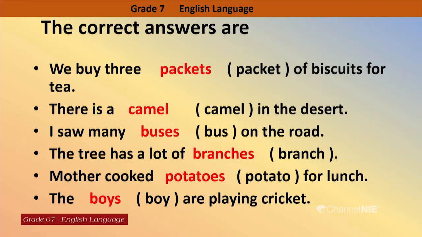I saw many buses on the road. Because of the word many, the word bus must be plural. The tree has a lot of branches. Because of a lot of, the phrase tells there are many.